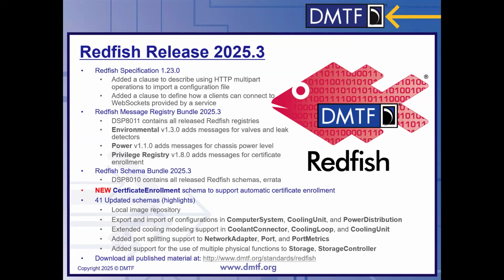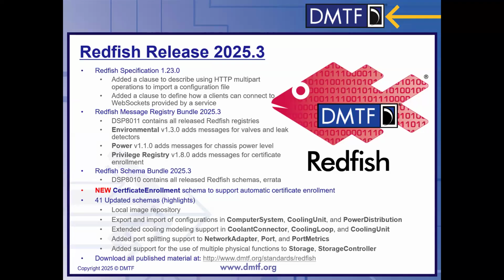We've also released a new version of the message registry bundle, version 2025.3. Some of the highlights include new messages to the environmental registry that includes valve and leak detector related events.